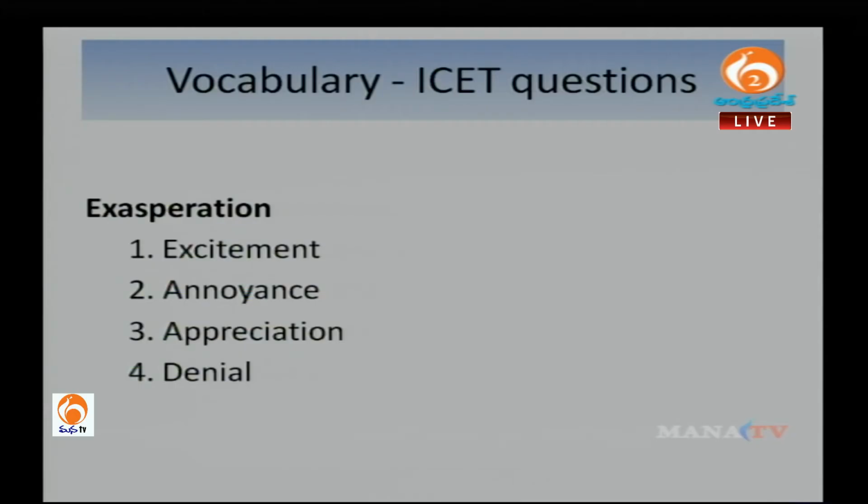So if you have some idea, you have like half of the meaning of the word, right? So the rest of the meaning of the word is only about what it particularly means or how much of detail it is exactly adding, right? So exasperation over here could be excitement, annoyance, appreciation or denial, right? So let's see what the answer is.